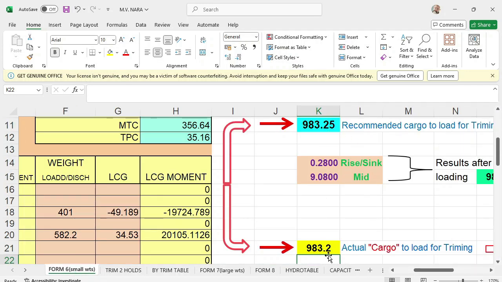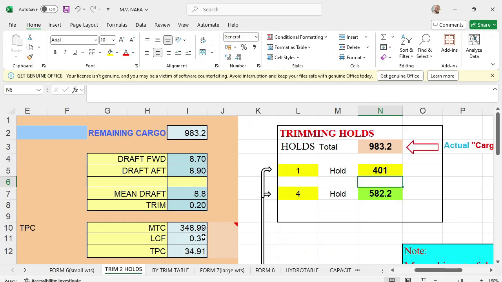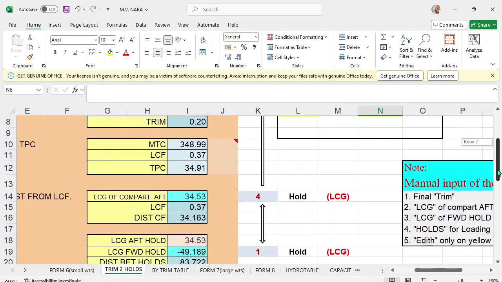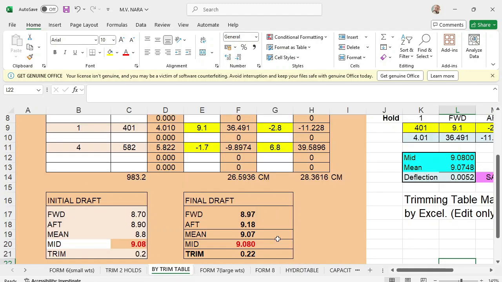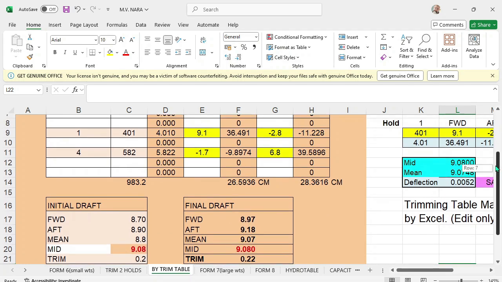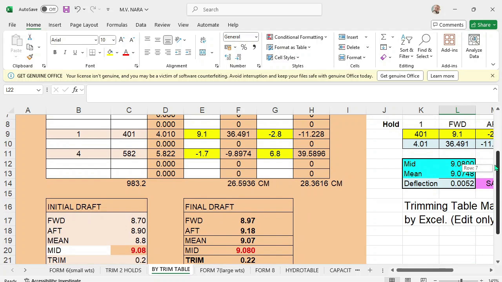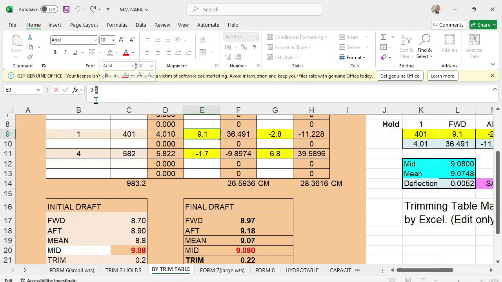So we try to adjust this one, reduce this one. This is number 1 forward, so you try to put here 9.2, 3 or 2. What happens? The trim is already reduced.